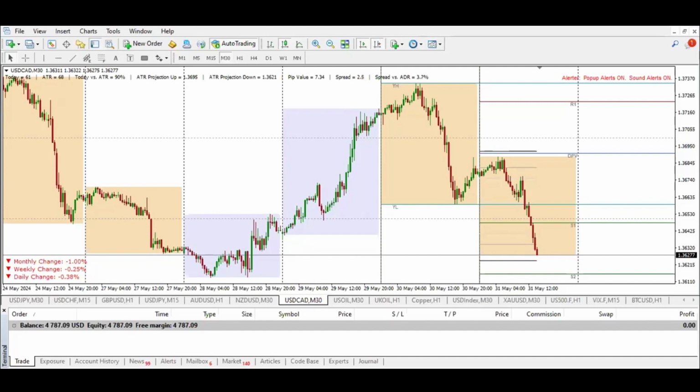Where 30 pips is appropriate for one trade, for another trade, it may be too small. For another trade, it may be too much.